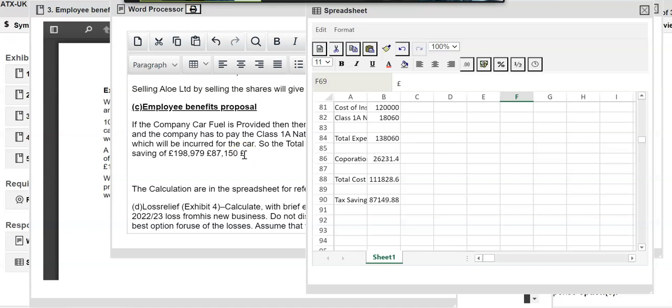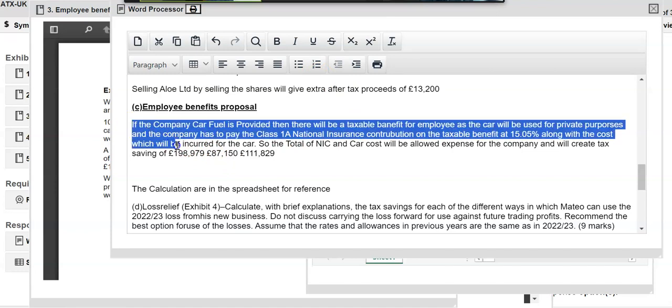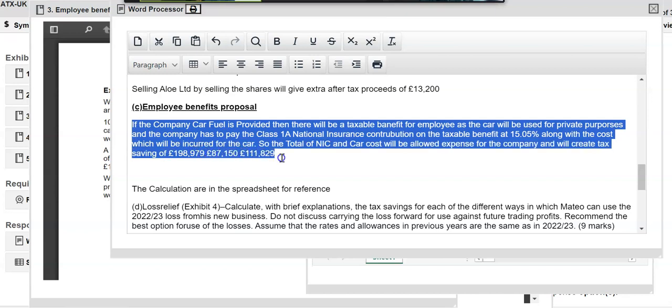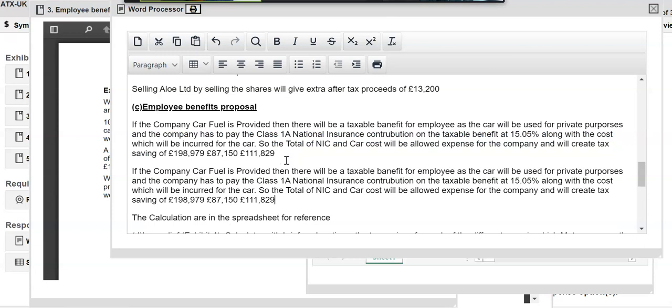And then copy paste, and the total saving is, so sorry, 87,150 was the total saving, and the other tax was 111,829, right? Okay, so I will copy paste this. Copy paste. So this will save my time.